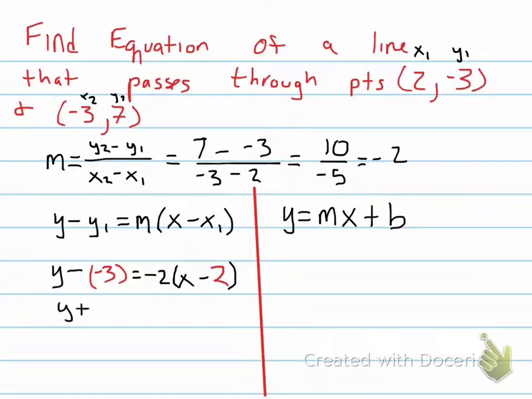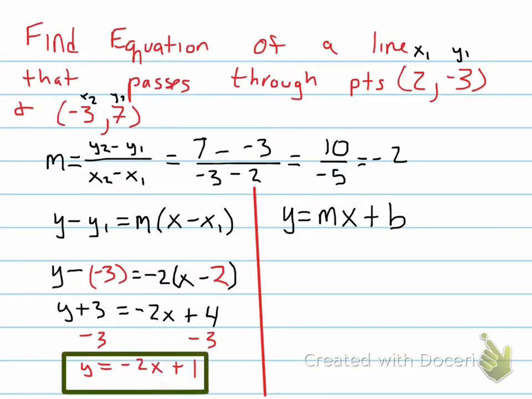So y plus 3 equals -2x plus 4. I'm distributing. And now to solve, I just get y alone, minus 3 on both sides. So y equals -2x plus 1. That's my equation here. That's this way. Okay? There's both ways.